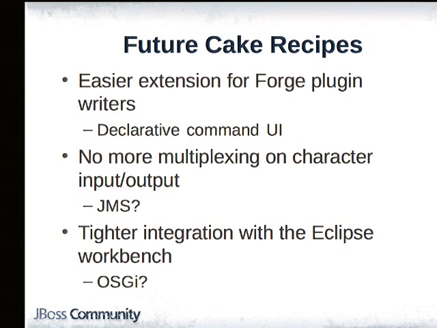So in the command API that we are using for Forge, we will be able to specify how this should look in a more graphical environment. Then, of course, the interjection of hidden characters in the output stream is kind of trickery. So we are thinking about making Forge not single-threaded, but multi-threaded, and there will be other ways of communication. Probably JMS looks like an option there.